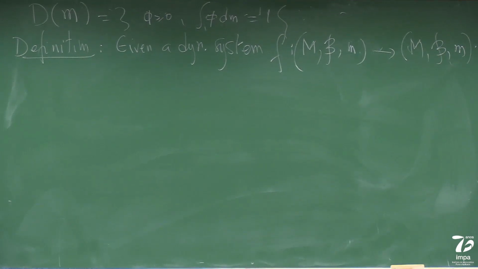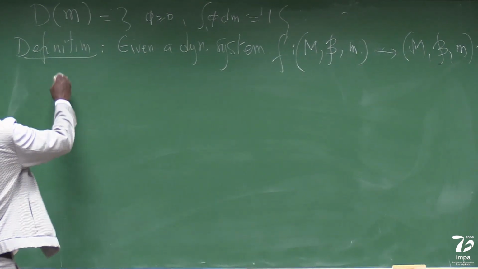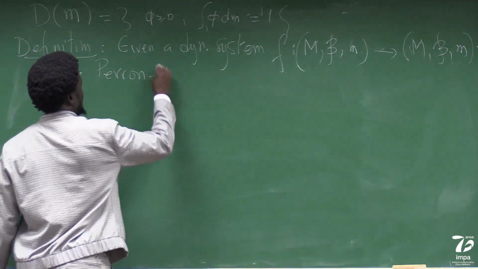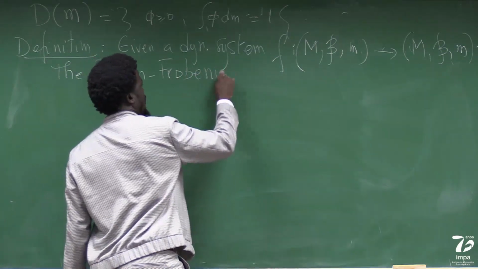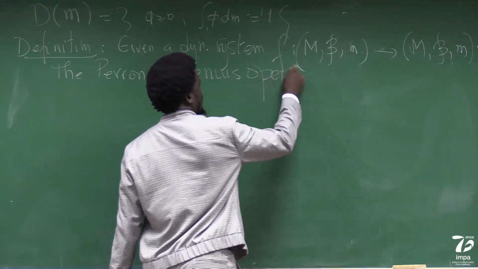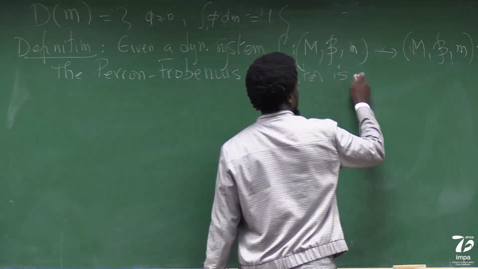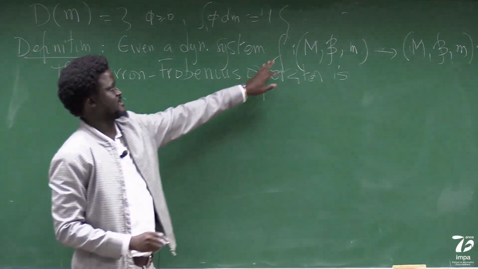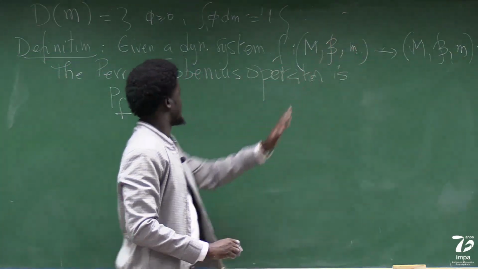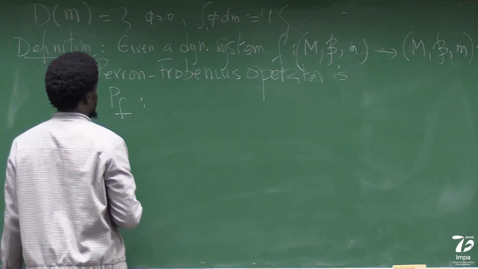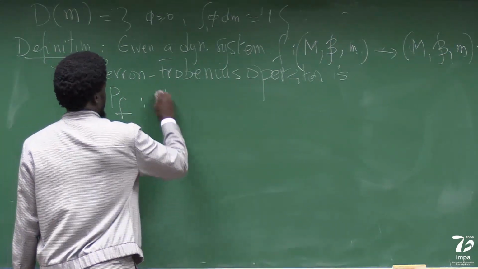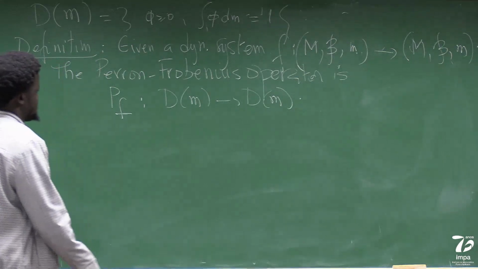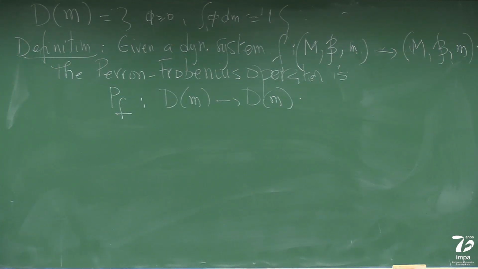The Perron-Frobenius operator, PF, is associated to this dynamical system with this measure. PF is defined from D_m to D_m.